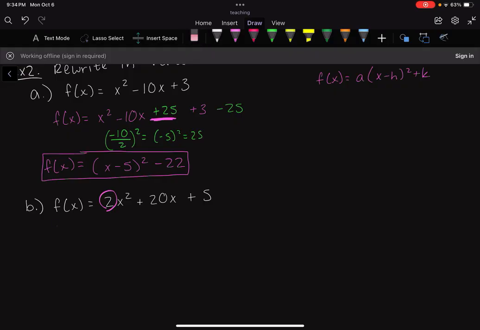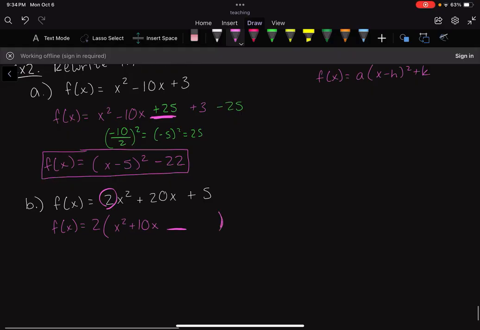So I have f of x equals, I can factor out a 2. I'm left with x squared plus 10x. I'm going to leave a space here so that I can add something in, and then I'm just going to keep this 5 outside.